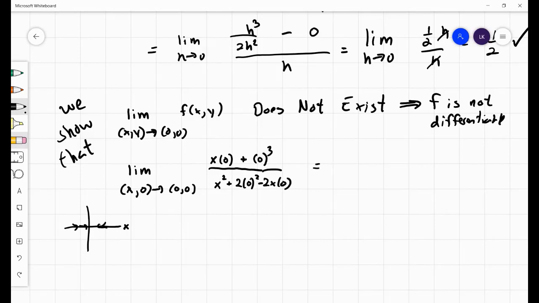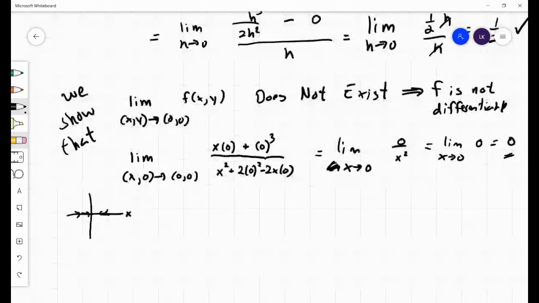And hopefully you see that this is equivalent to x going to 0, turning this into a one variable problem. Then you get 0 over x squared. So that's a constant 0. The limit of a constant is a constant. So approaching the origin along the x-axis, we get that the limit is 0.